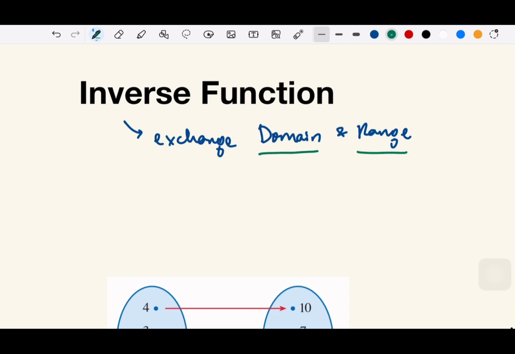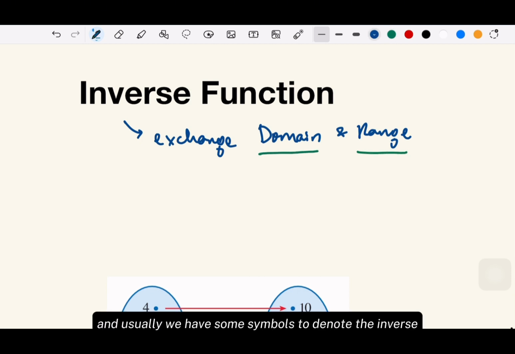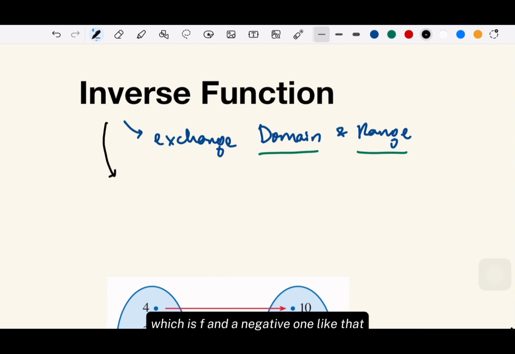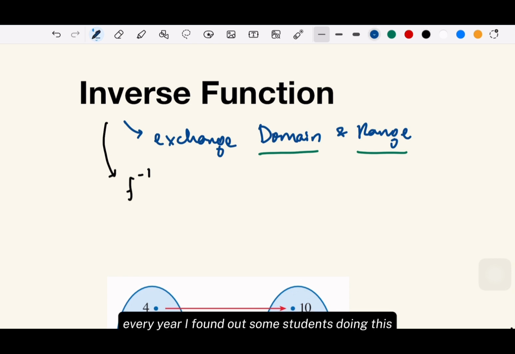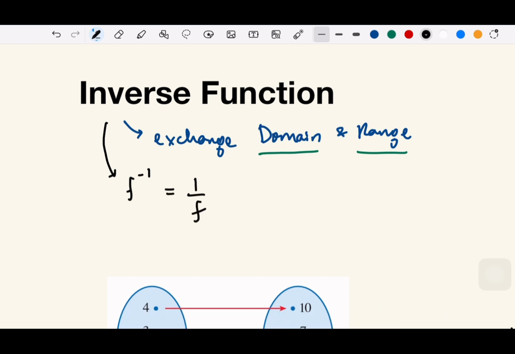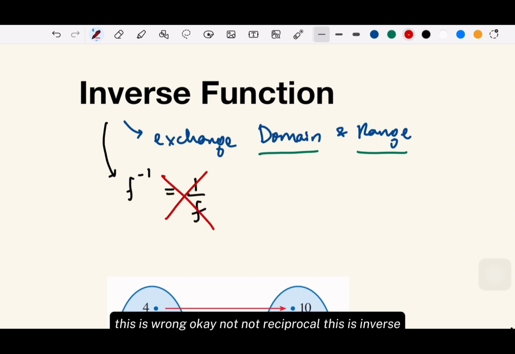And usually we have some symbols to denote the inverse, which is f with a negative 1, like that. And remember, this happens a lot. Every year, I find out some students doing this. This is wrong, okay? Not reciprocal. This is inverse. It's different symbols.